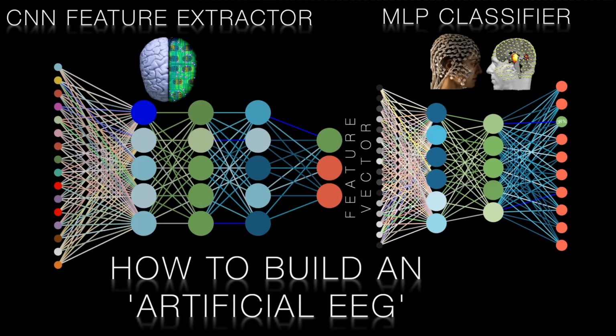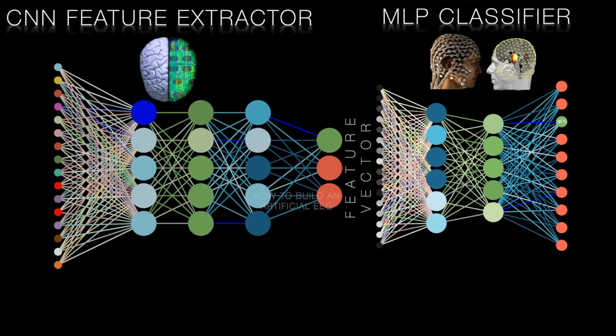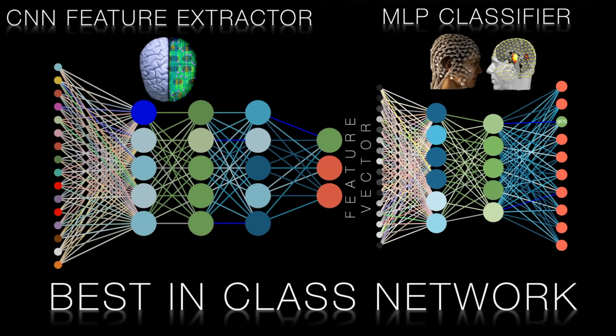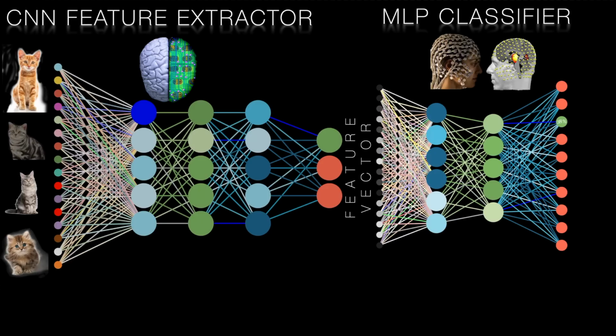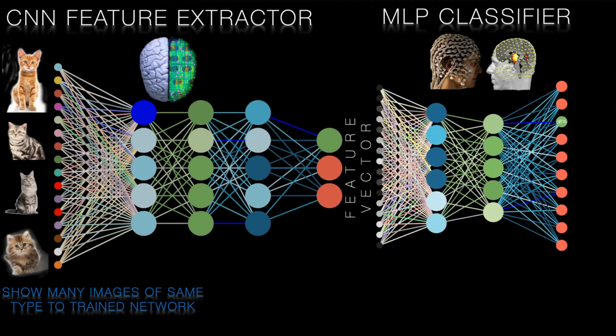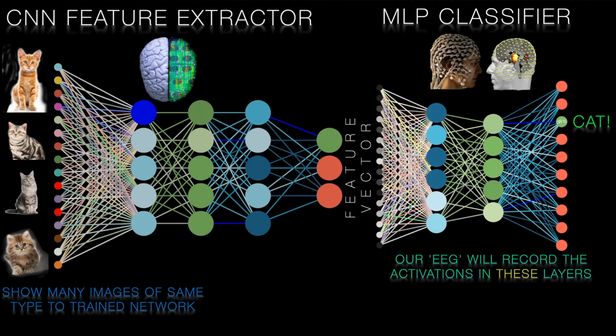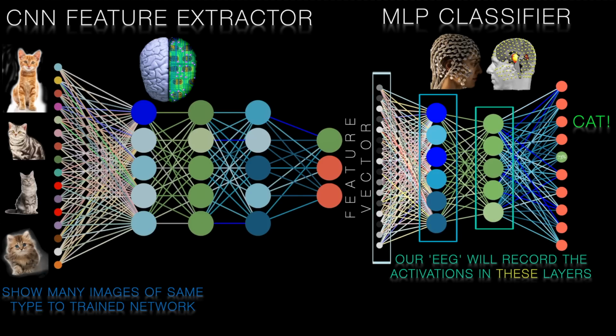We'll train a whole bunch of networks on our colour images as well as our numbers and clothes and keep the ones with the best accuracy scores. Then we'll take a trained network and show it a bunch of images that it has not seen and record its accuracy. But rather than just record the activations in the output layer, we'll record the activations in the deep hidden layers too.